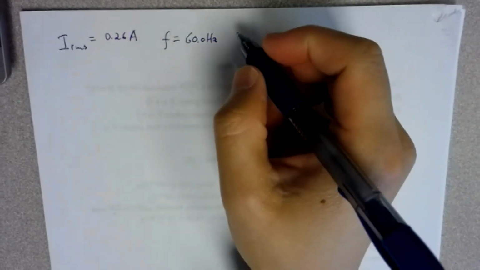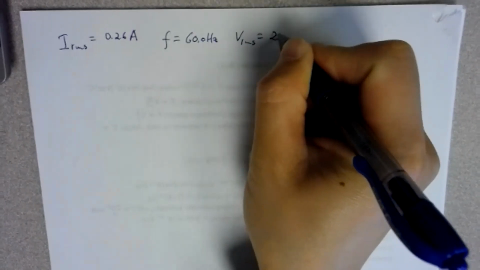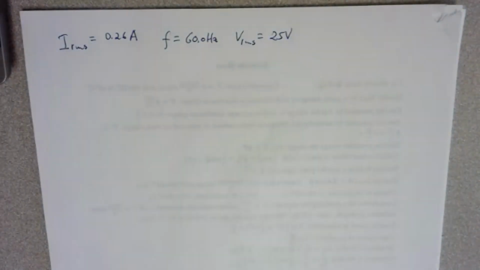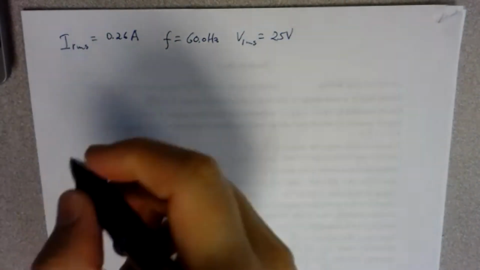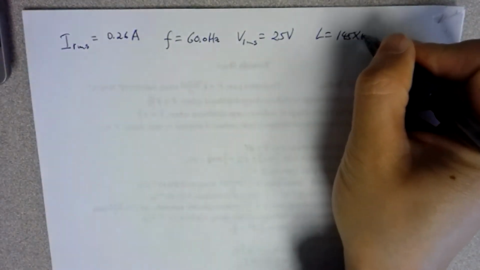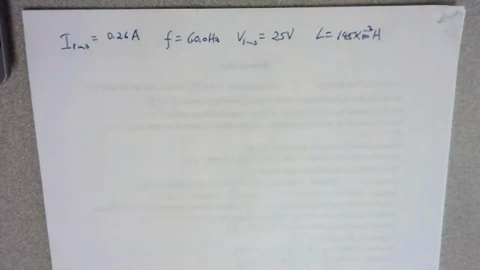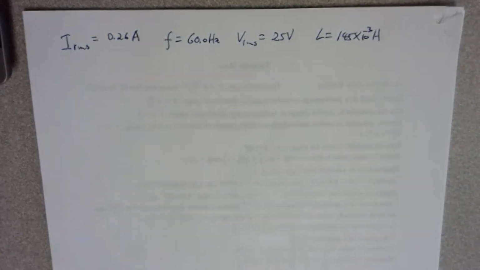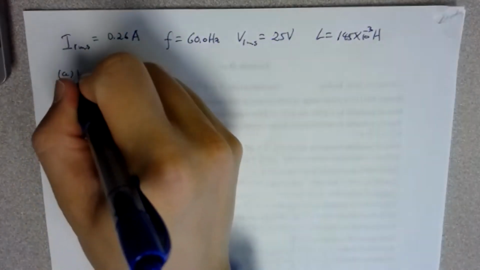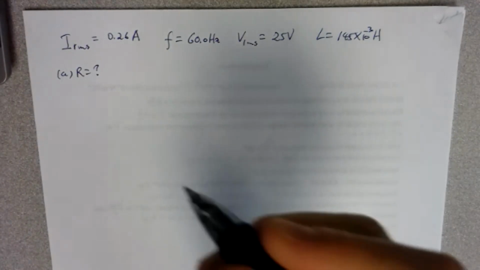Okay, and the RMS voltage V RMS is equal to 25 volts. Given that the inductor has an inductance of L equal to 145 times 10 to the minus 3 henry, what's the resistance of the resistor? So what's R? This is the RL circuit, okay?